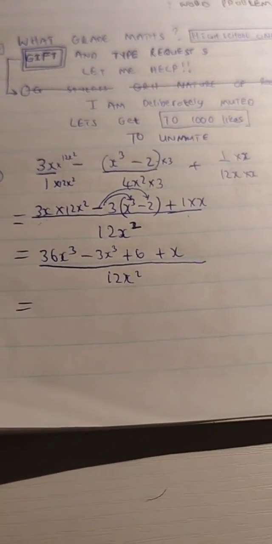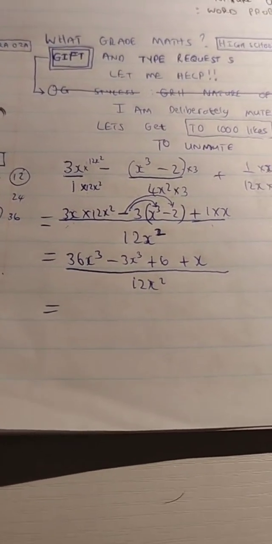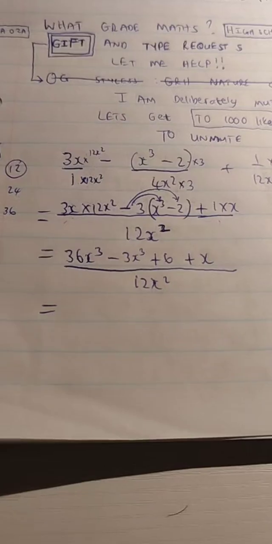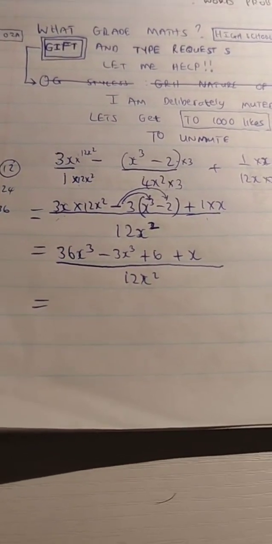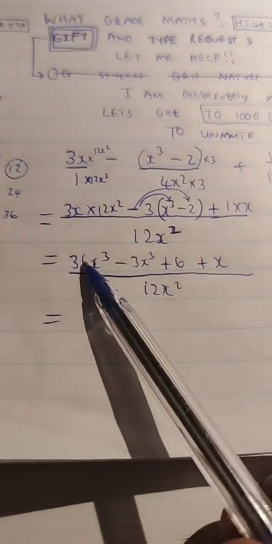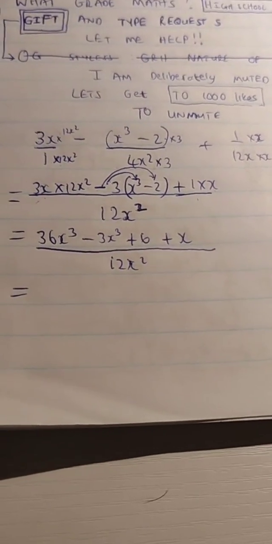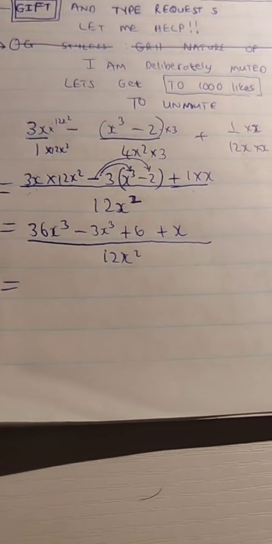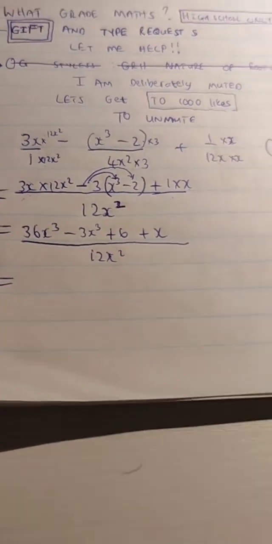What do we get? 36x cubed minus 3x cubed is equal to what? These are like terms, so we add and subtract like terms. Very good, 33x cubed.